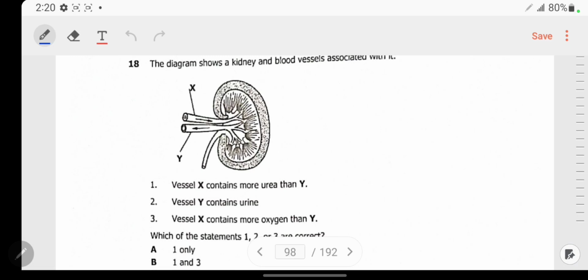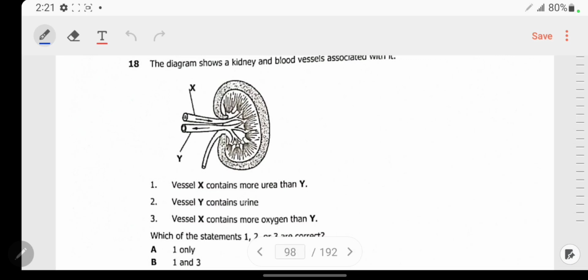Since X is going to the kidney, it has to contain oxygen. So X has to contain oxygen and more urea. Y has to contain less urea. So let's look at the options. Vessel X contains more urea than Y, which is true because it's going to the kidney for purification. So option 1 is correct. Then let's look at 2.